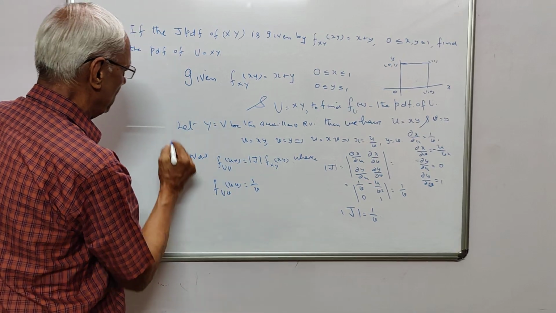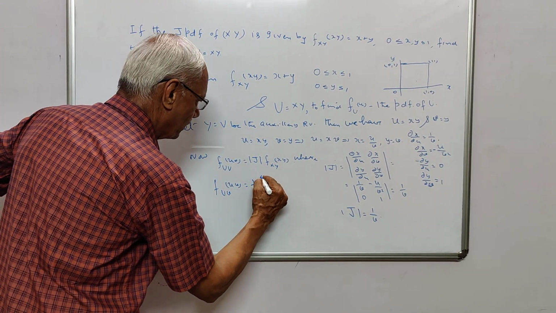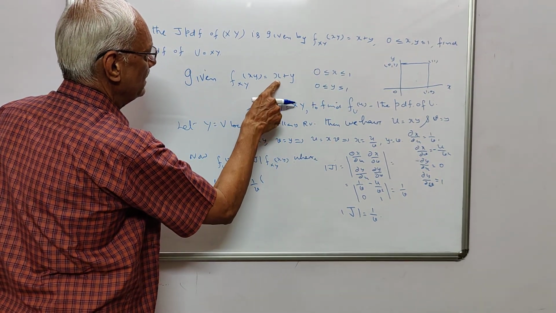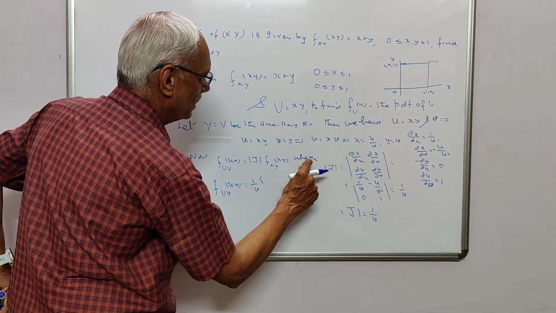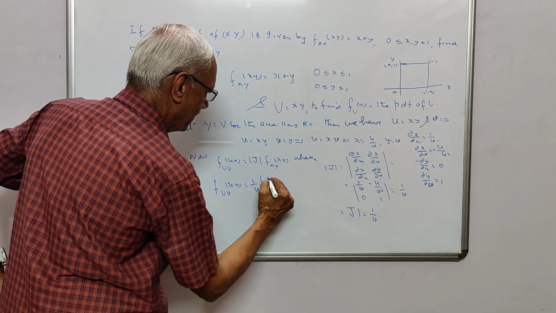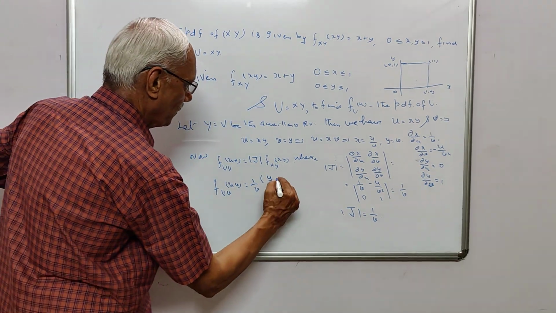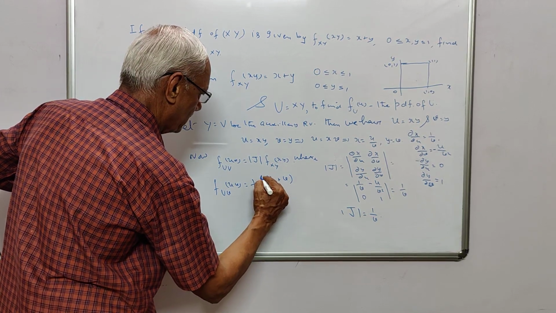In the place of x you have got x is equal to u by v, and y is equal to v. So this is what you get here.